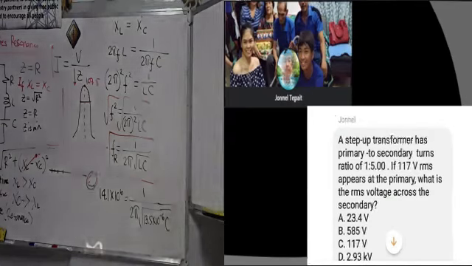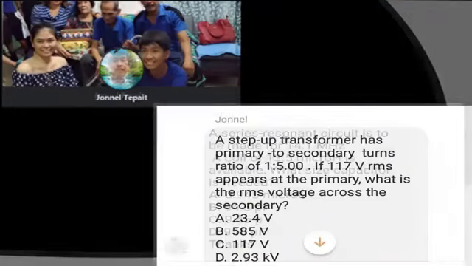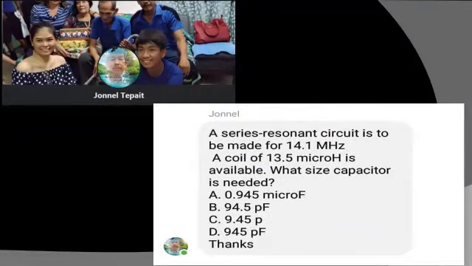Letter C, 9.45 picofarad. So that is our answer.